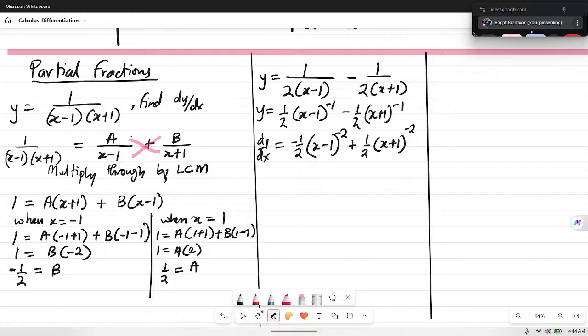Negative 1 minus 1 is negative 2. Now we can send it back into fractional form. It becomes negative 1 over 2(x minus 1) squared, plus 1 over 2(x plus 1) squared. And that becomes your final answer, dy/dx. Okay.